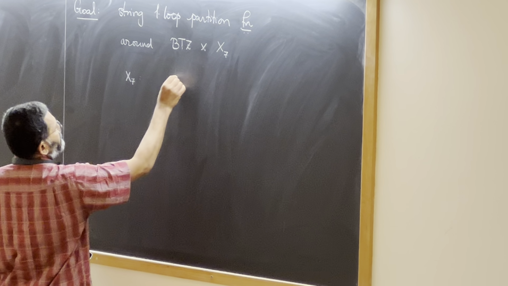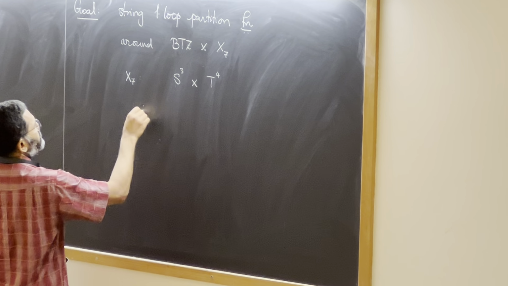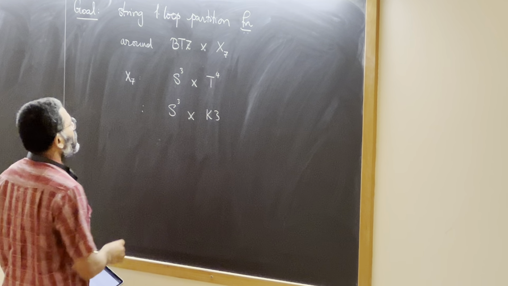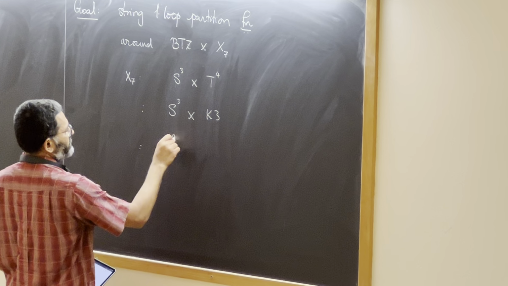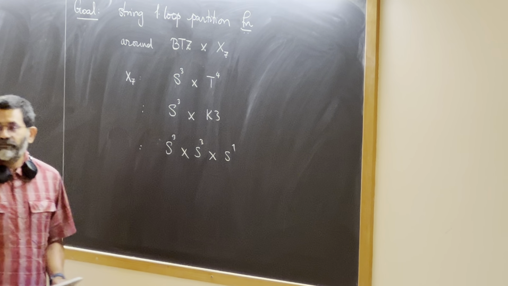We could take X7 to be S3 times T4 or S3 times K3, or more ambitiously, the case I'm really going to discuss, S3 times S3 times S1.